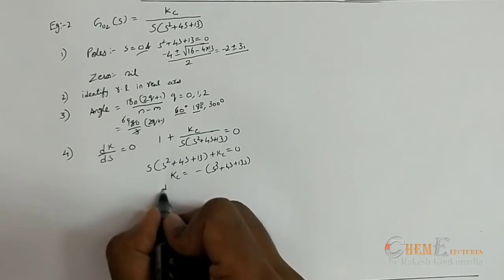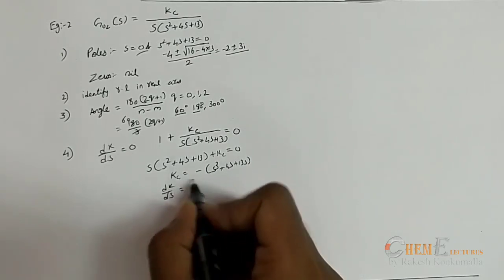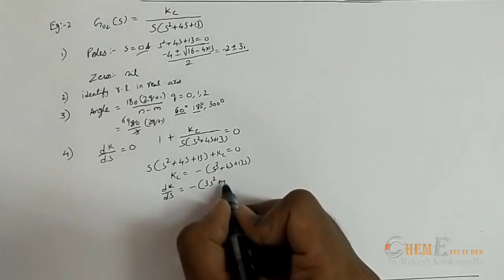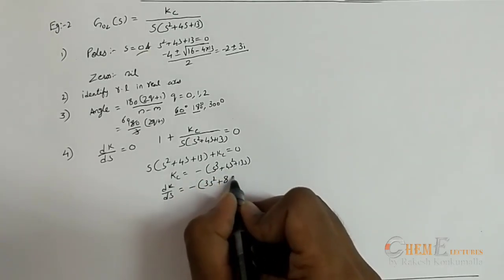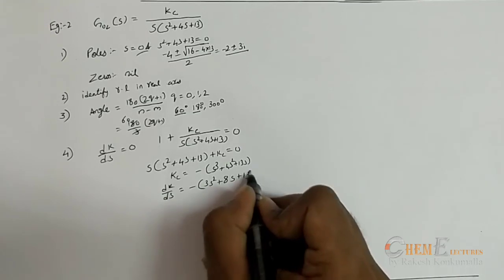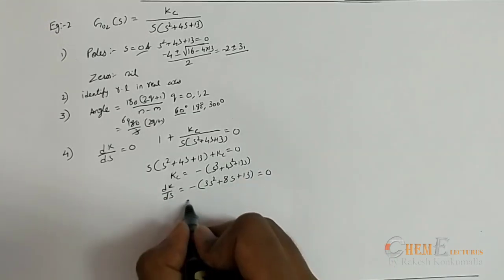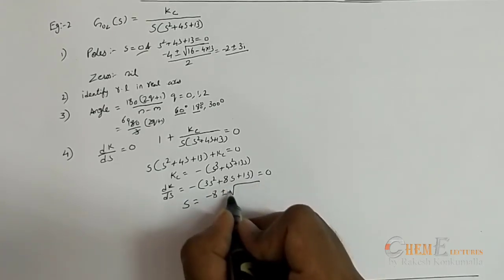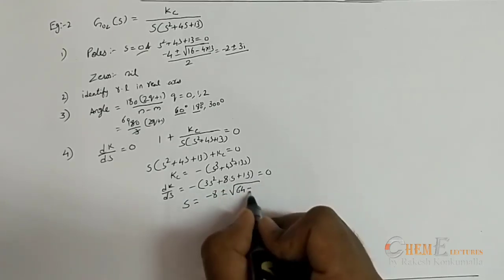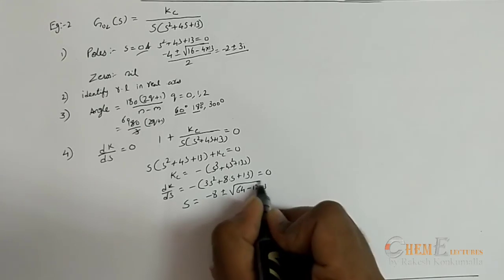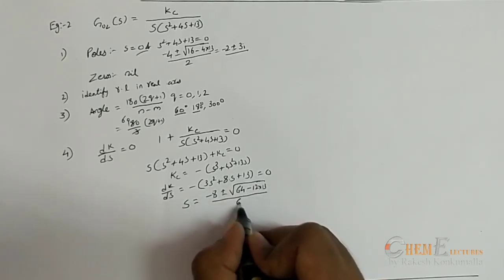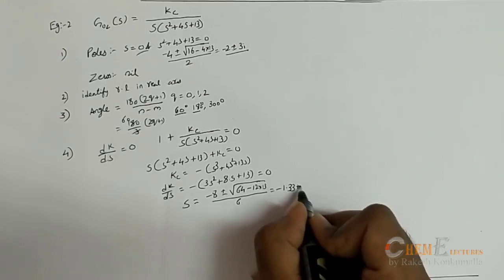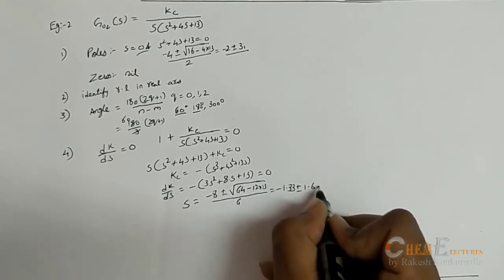Now I will differentiate: dk by ds is equal to minus of (3s squared plus 8s plus 13), which is equal to 0. From here my roots will be minus b plus or minus root of (b squared, that is 64, minus 4ac, 12 into 13), divided by 2a, that is 6, which will be minus 1.33 plus or minus 1.6i.